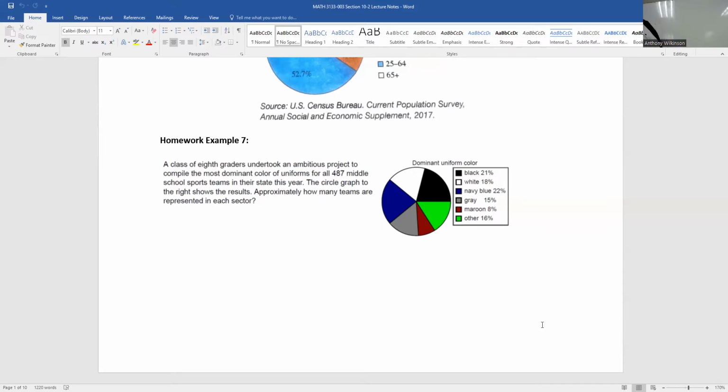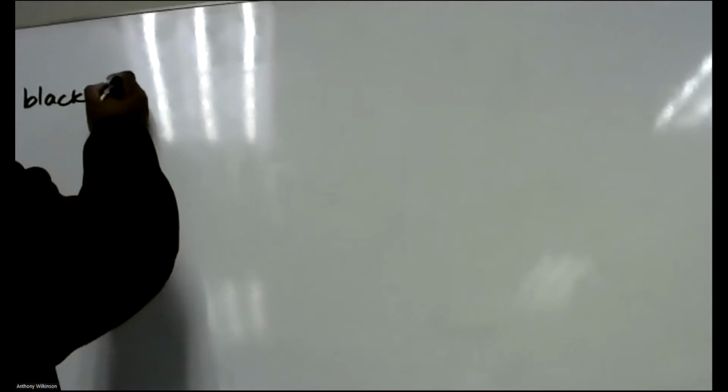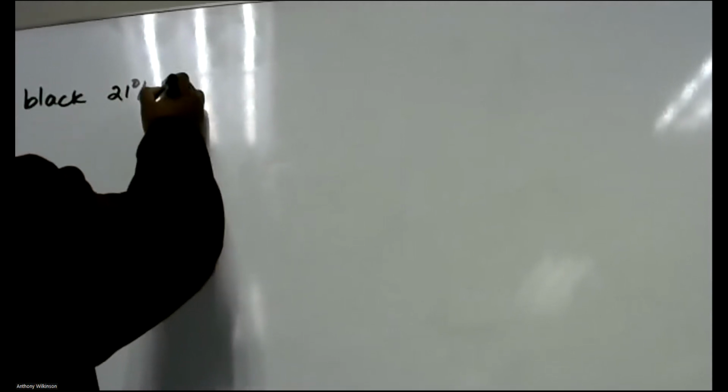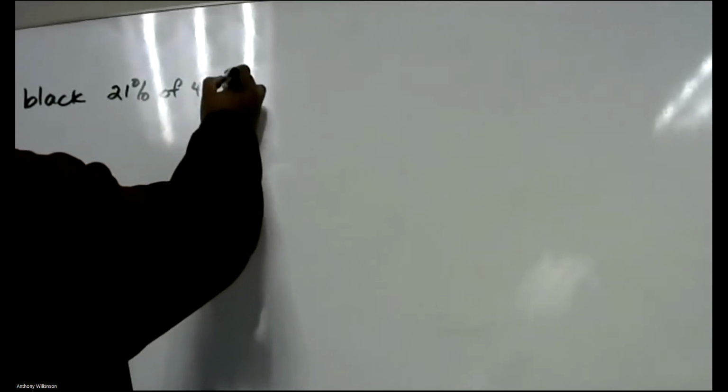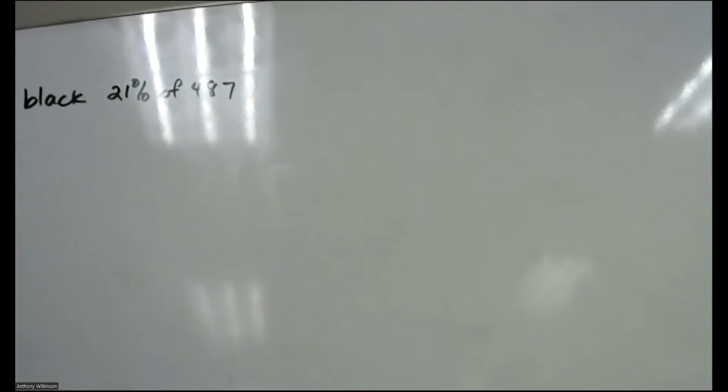The one that we're starting with in black here, and they tell you the percentage, 21% have black as their dominant uniform color. And this is of the 487. So this is 21% of 487.